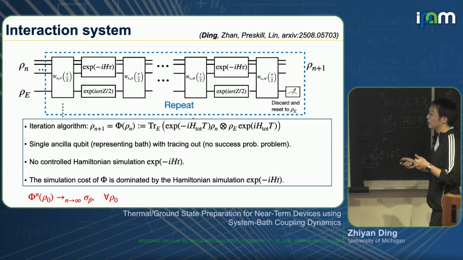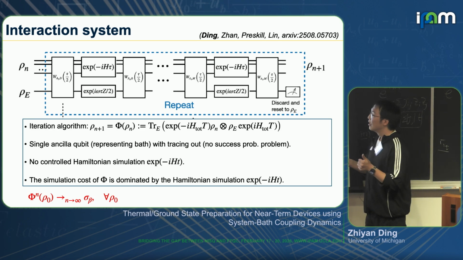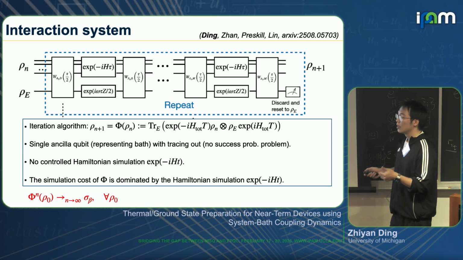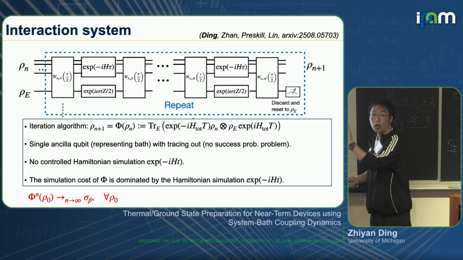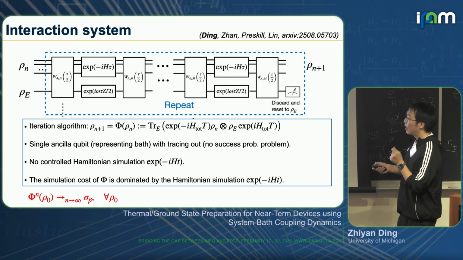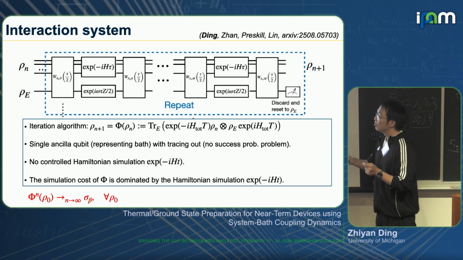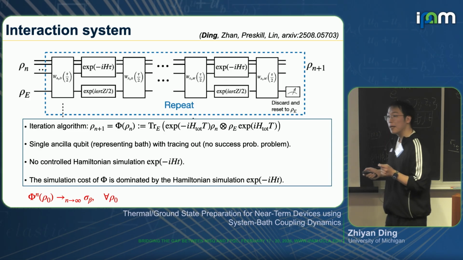Okay? And this algorithm only requires a single ancilla qubit, which represents the bus or the environment in the open quantum system. And on this single ancilla bus, I only need to run a single Z rotation here. Okay?